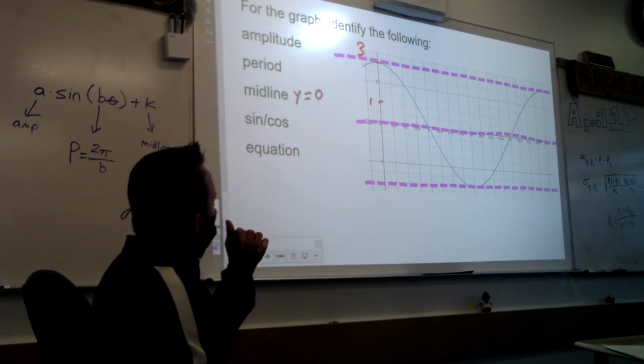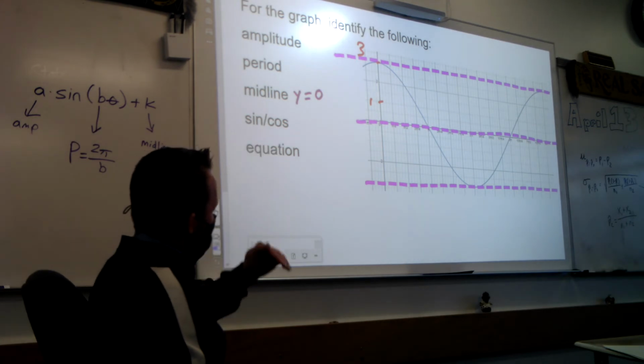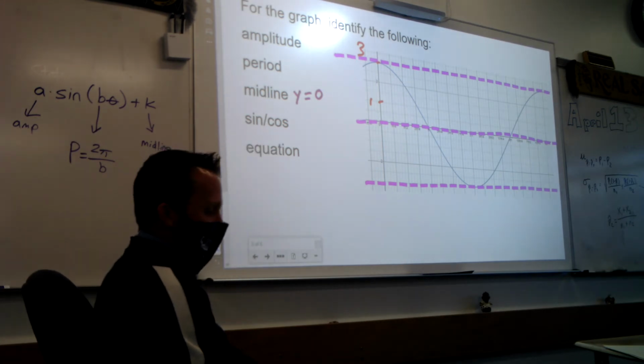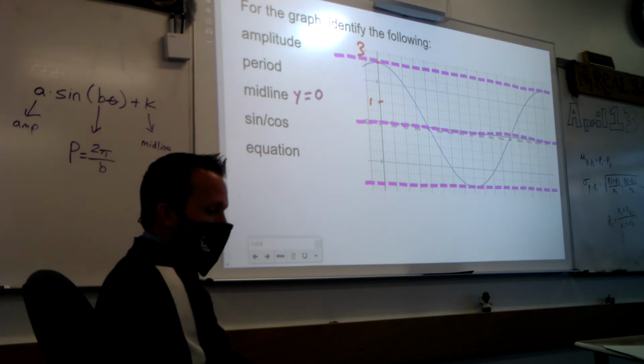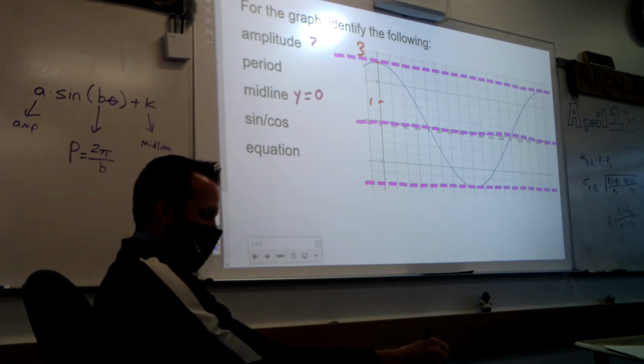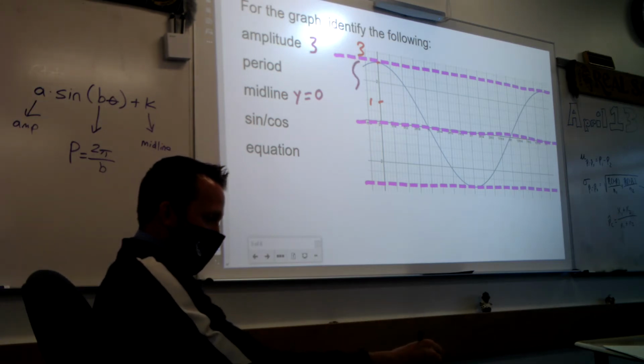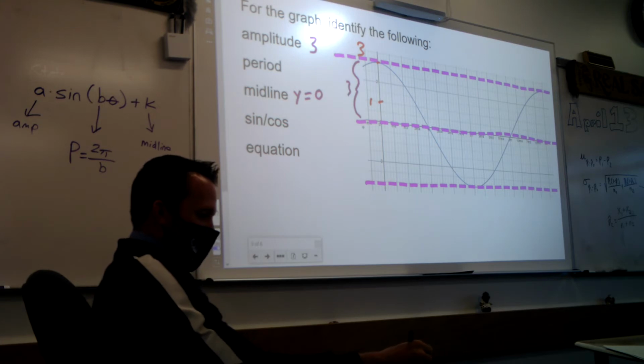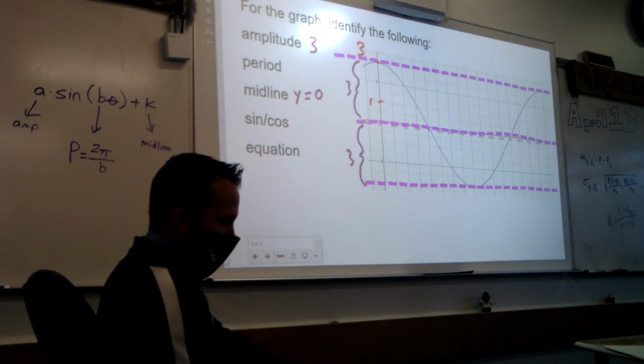Now, this is being stretched up by 3 and stretched down by 3. What does that affect? What is our vocab word for that? The amplitude is 3. Nice job. The distance from the midline to the max is 3, and that should match the distance from the midline to the minimum. Okay, cool, cool, cool.